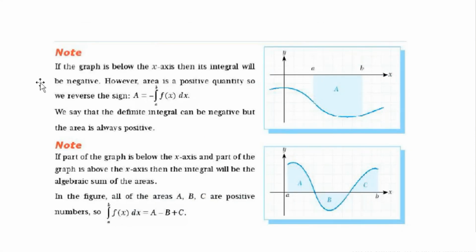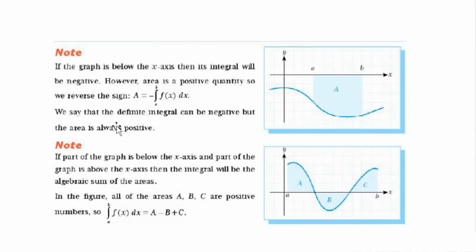Note that if the graph is below the x-axis, then its integral will be negative. However, the area is a positive quantity, so we reverse the sign. So we can write the area A is equal to the negative of the integral of f of x dx from a to b.